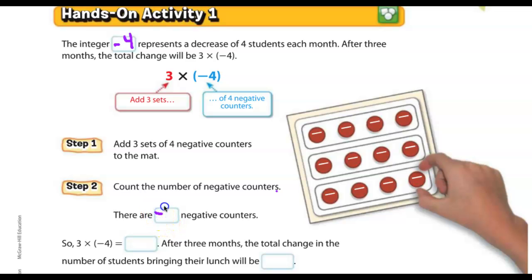There are -12 counters. So 3 groups of -4 counters each is going to be -12 counters. So after 3 months, the total change in the number of students bringing their lunch will be -12. That will be the change.